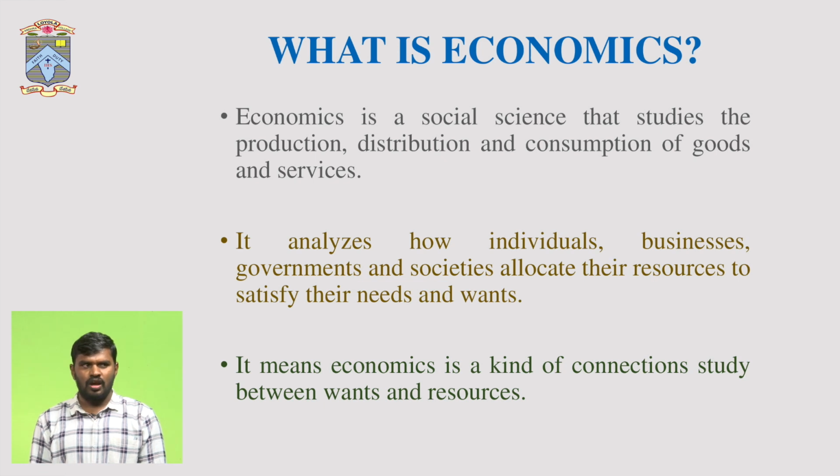It analyzes how individuals, businesses, governments and societies allocate resources to satisfy their human needs and wants. In simple terminology, economics talks about resources and wants, and the distribution of these resources for the needs and wants.